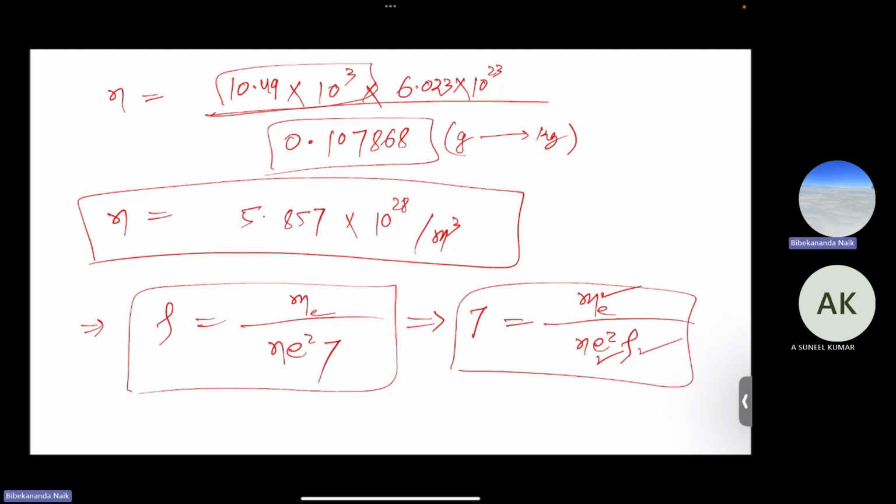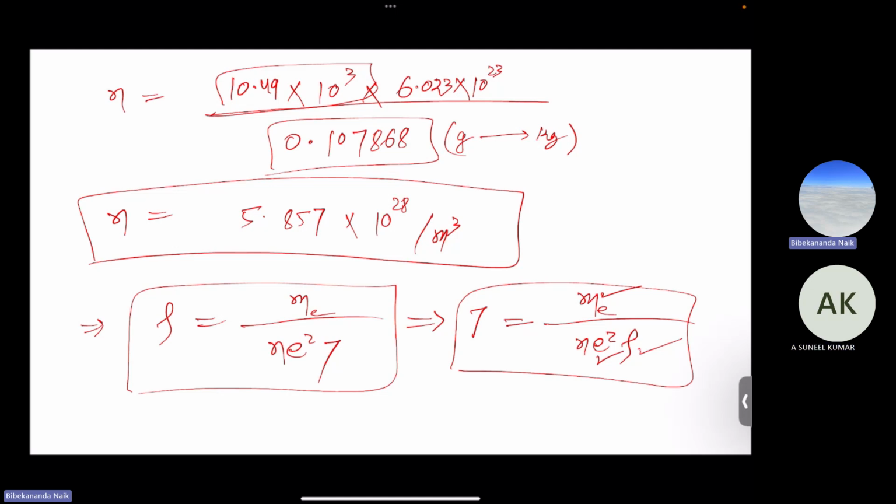The mass of 1 mole of silver is given to us, and 1 mole contains 6.023 into 10 to the 23, basically Avogadro's number of atoms. So if you put this formula, we can easily calculate the number of atoms per meter cube, which is 5.857 into 10 to the 28.